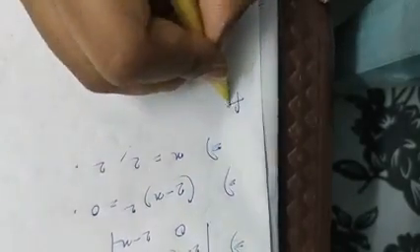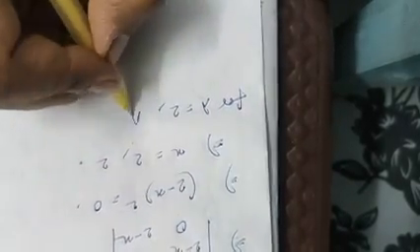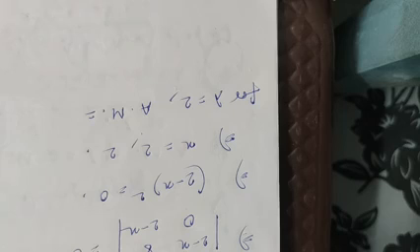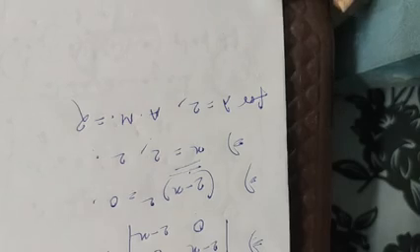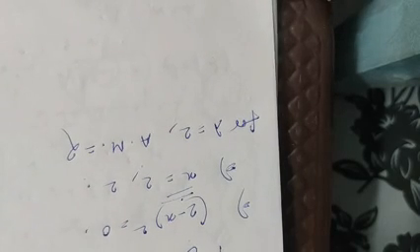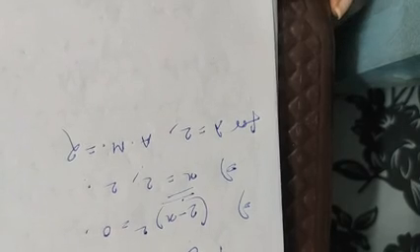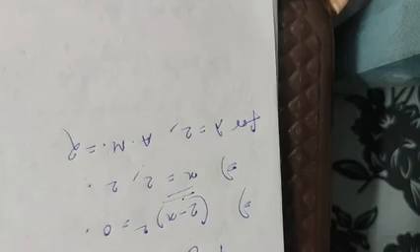So for lambda equal to 2, what is its algebraic multiplicity? Algebraic multiplicity means how many times it occurs in the characteristic polynomial. So this 2 occurs 2 times, so its algebraic multiplicity is 2. We need to check whether its geometric multiplicity is 2 or not. If it is 2, then the matrix is diagonalizable, and if not, then it is not diagonalizable.